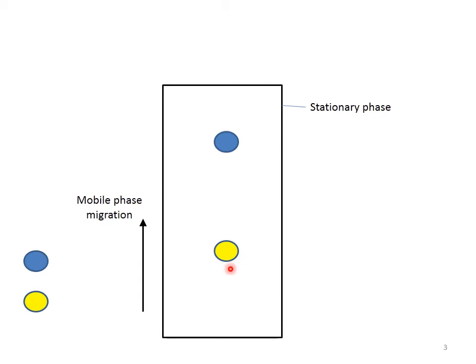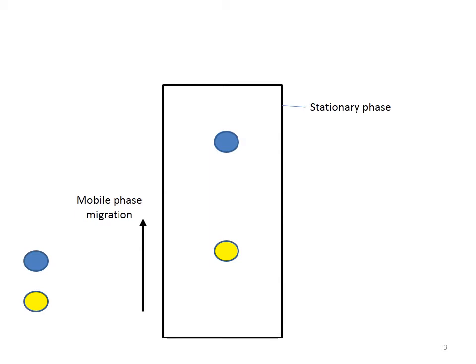Since they are able to interact more with the stationary phase, their migration is going to be less. In this manner, the molecules with greater affinity for the mobile phase will travel greater distance, and the molecules having less affinity for the mobile phase will travel less distance. In this manner, these two types of molecules could be separated from one another.